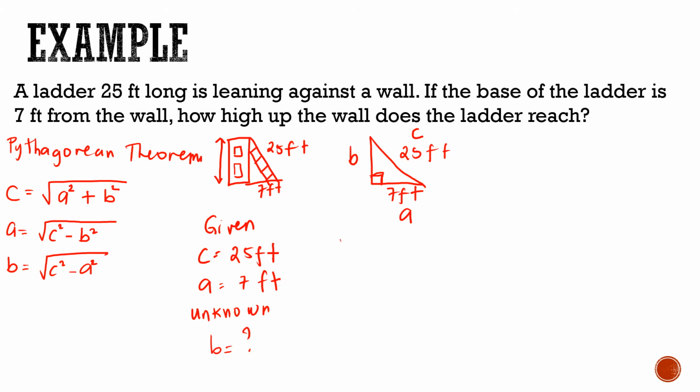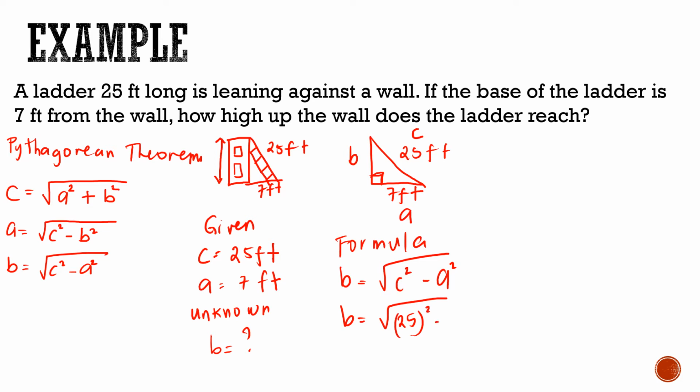Since the unknown is B, we will be using the formula B is equal to the square root of C squared minus A squared. So let's substitute. We got B is equal to the square root of 25 squared minus 7 squared.